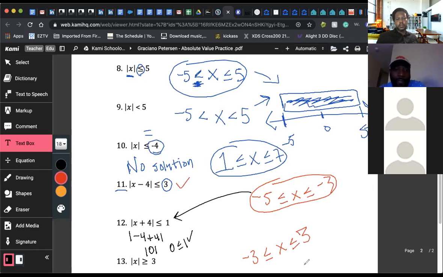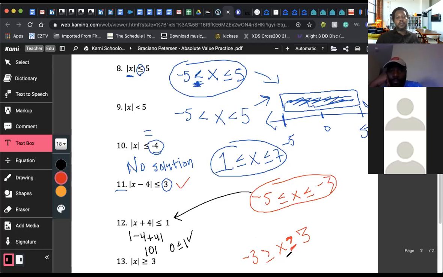The sign is different. Is it greater than, or greater or equal? Oh, that's right. The sign is different. I need to change my sign. So my sign needs to go the other way. So basically what I'm saying is that x needs to not be in between -3 and 3.